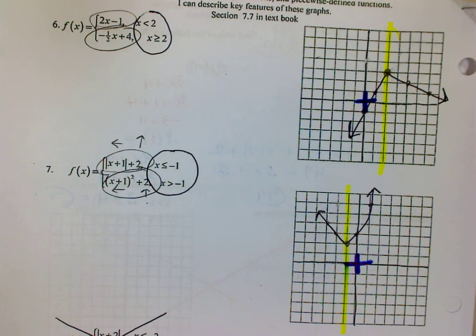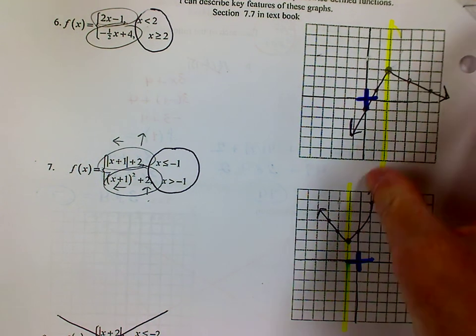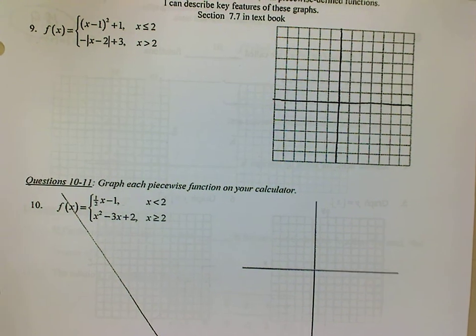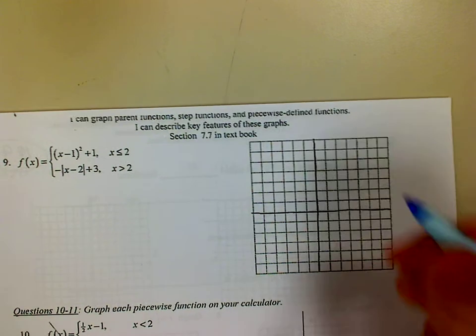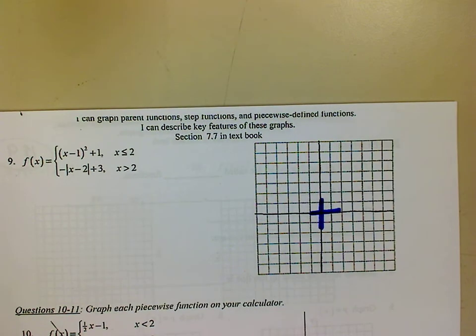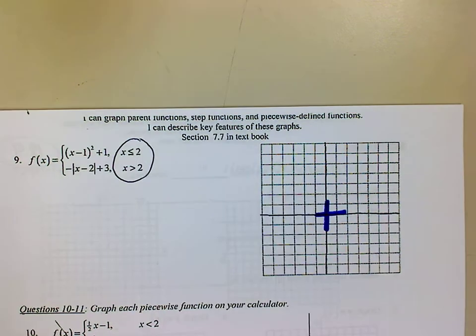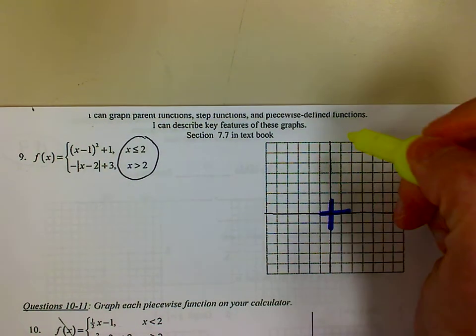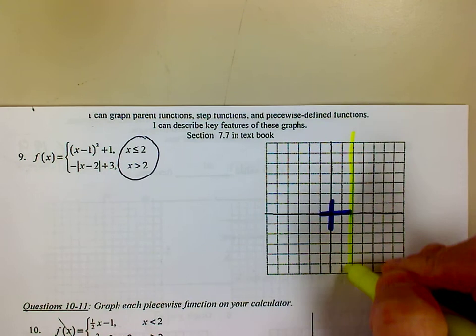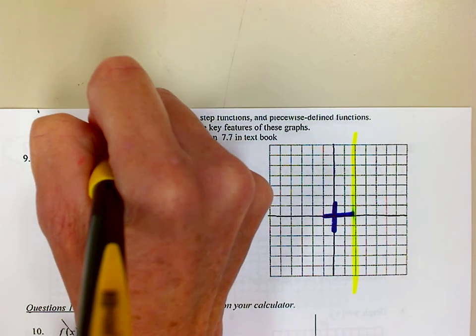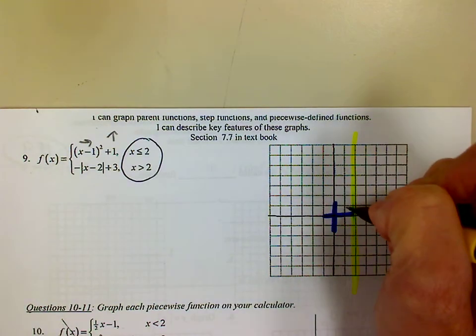Okay, so I crossed off number 8. We got one more, which is number 9. Okay, so here is my origin. This, I'm going to draw a vertical line at 2. All right, the top one, I'm going to go to the right 1, up 1 from my origin.